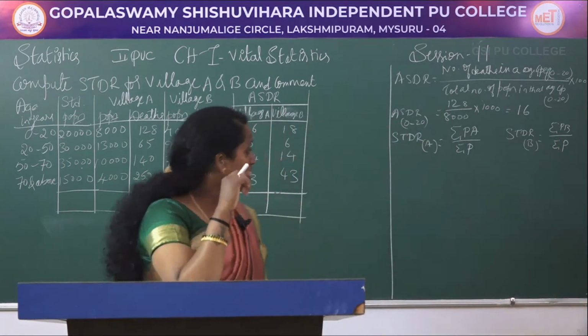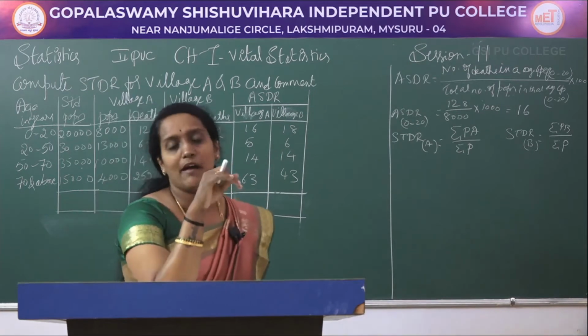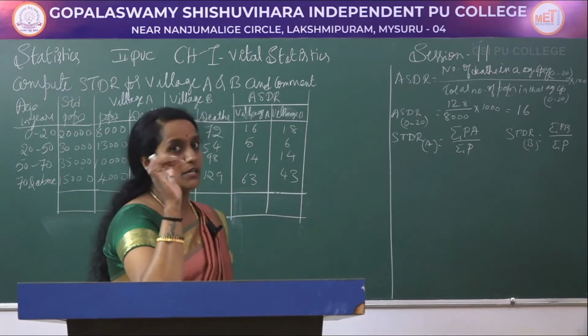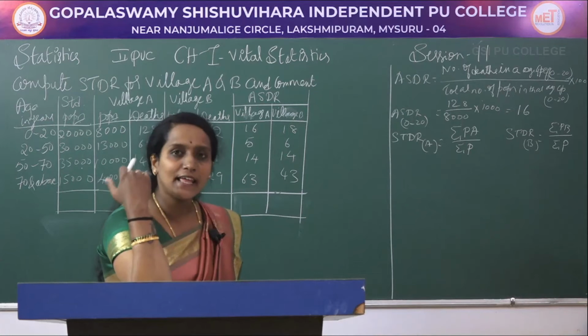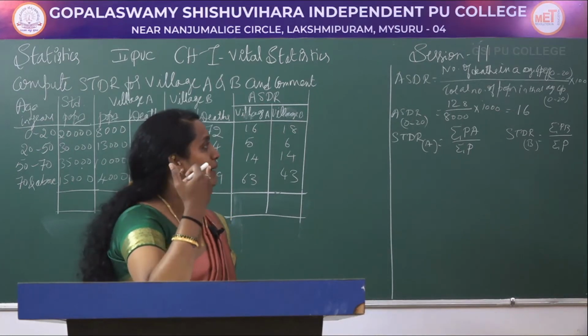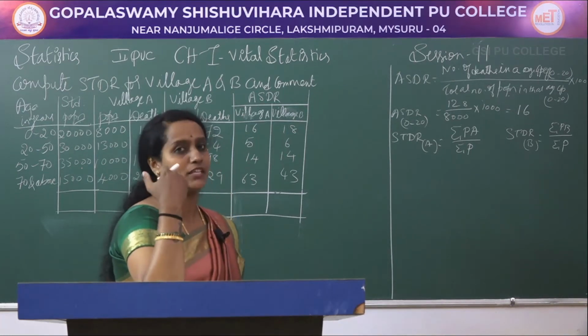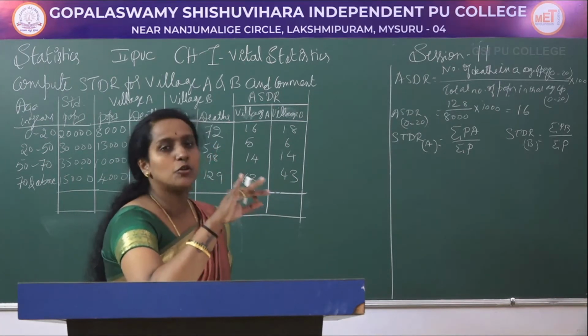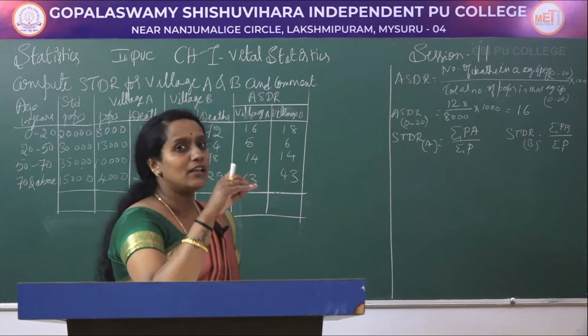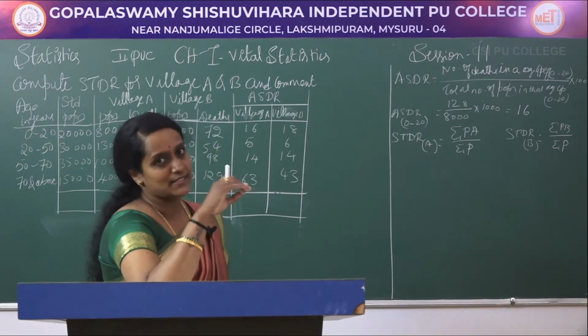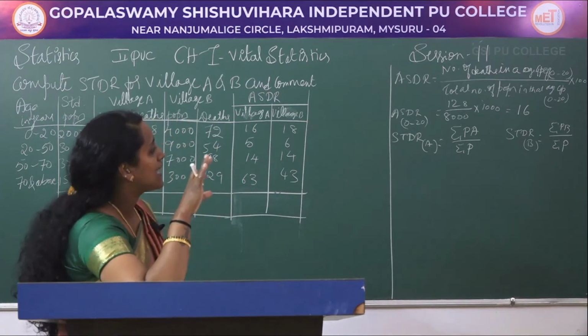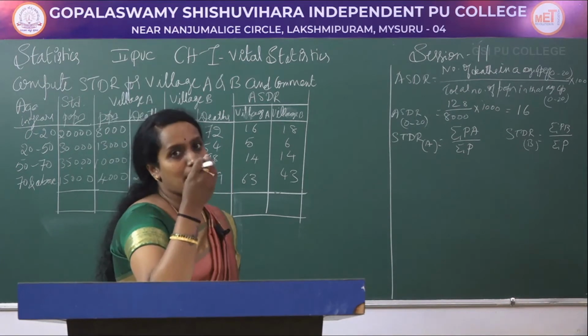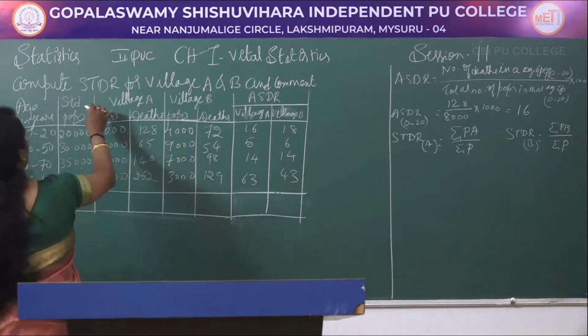See, in the STDR formula, we will not multiply by 1000, because while we are calculating ASDR, already we have multiplied by the 1000, and for every 1000 we have calculated the ASDR. So no need to multiply 1000 again. Now the next step is we have to calculate PA. P is standard population.